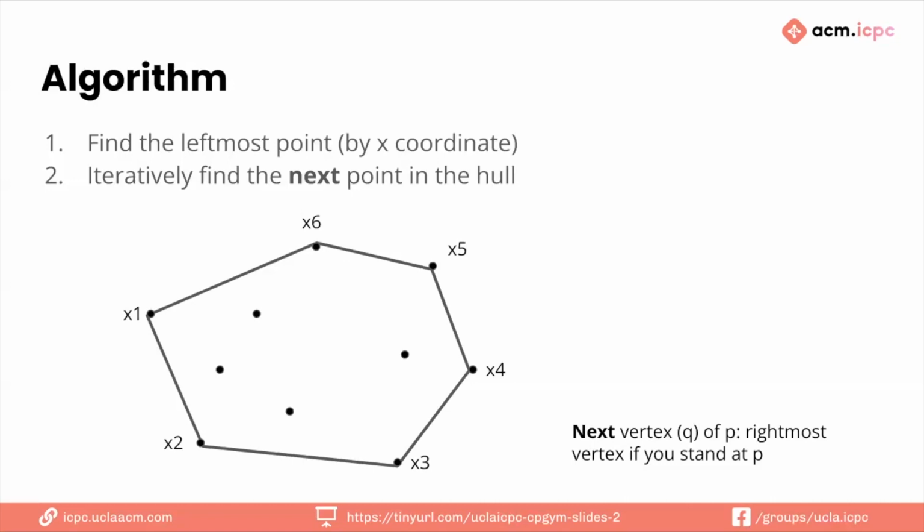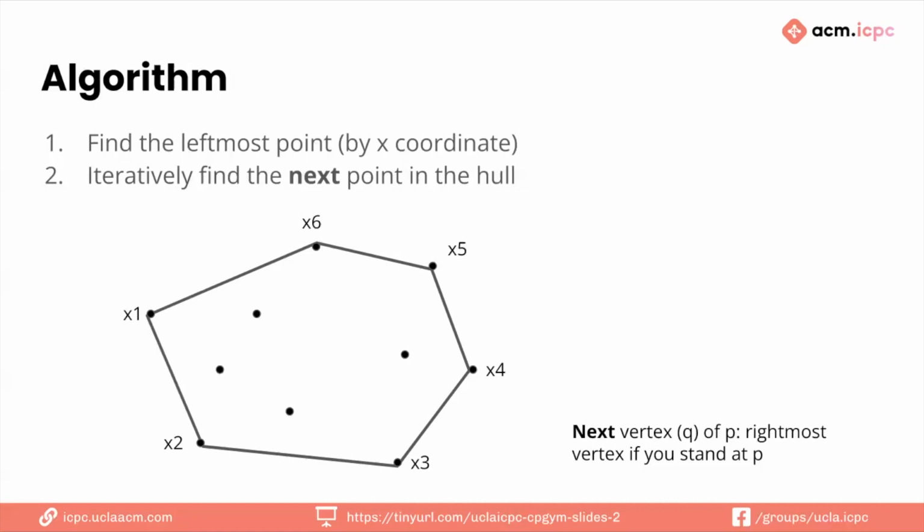So at every iteration of the algorithm, you need to find the next vertex. So you need to find the next vertex Q of a vertex P. It turns out that that next vertex is the rightmost vertex that you see if you stand at point P. So for example, if you stand at point x3 and you're looking at other vertices, then x4 is going to be the rightmost.